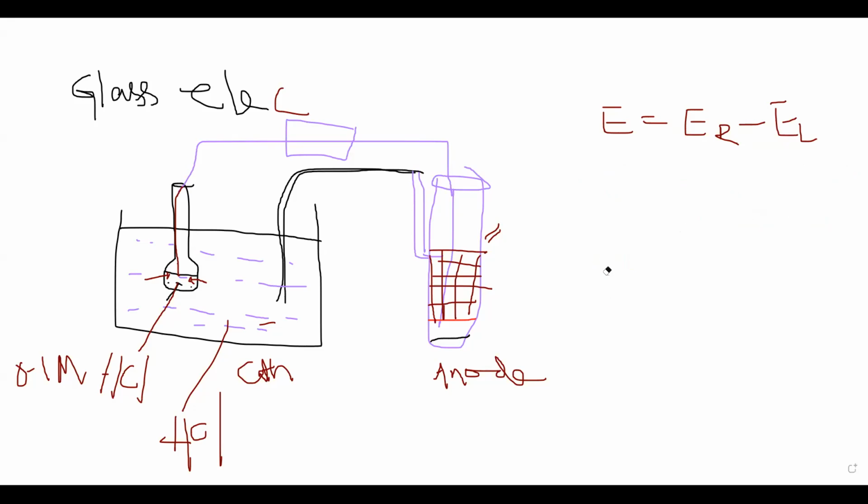These are the values of the same quinhydrone electrode. The values of the glass electrode are different. First of all, let us see the construction of the glass electrode. Platinum, same as the hydrogen electrode. The hydrogen electrode is on the left side, the anode. Platinum, 0.1 M HCl.